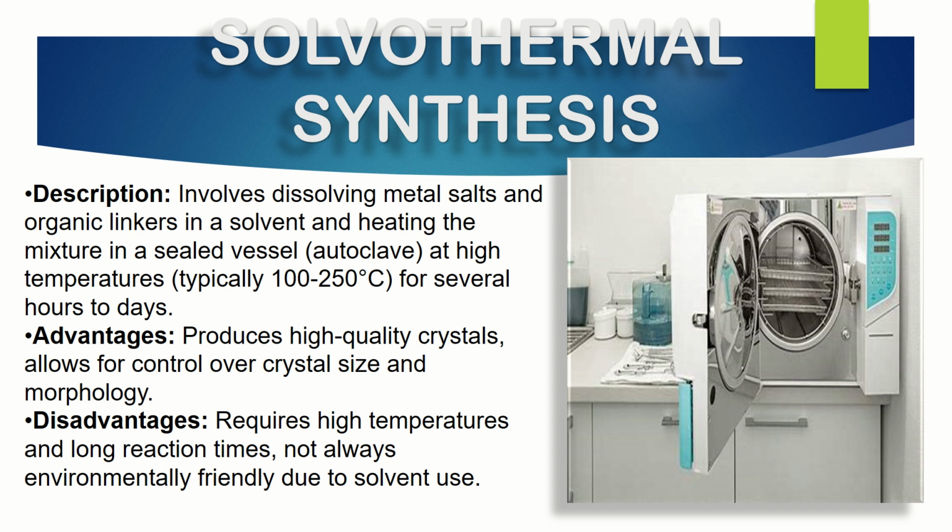Advantages: it produces high quality crystals, allows for control over crystal size and morphology. Disadvantages: it requires high temperatures and long reaction times, not always environmentally friendly due to solvent use.